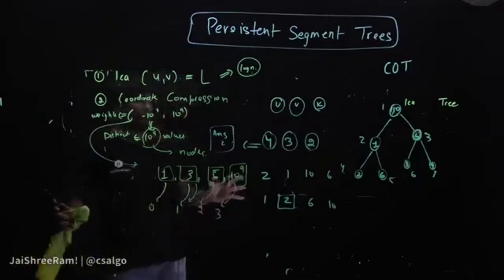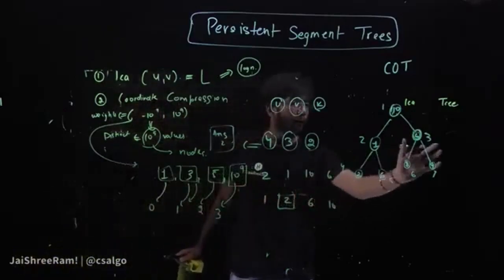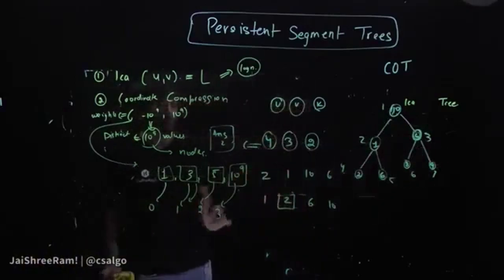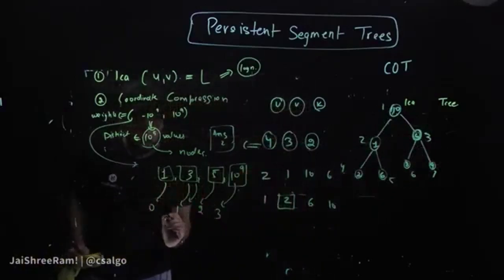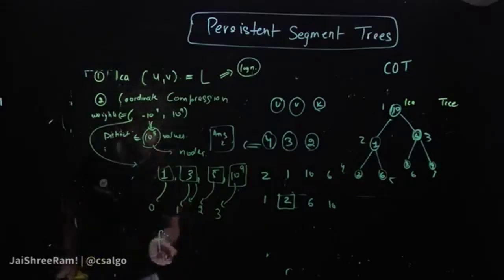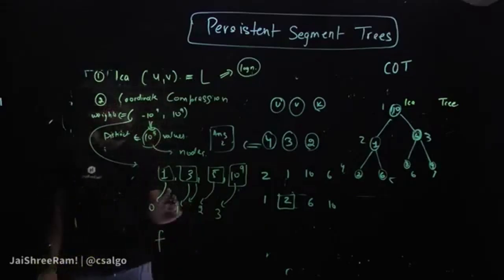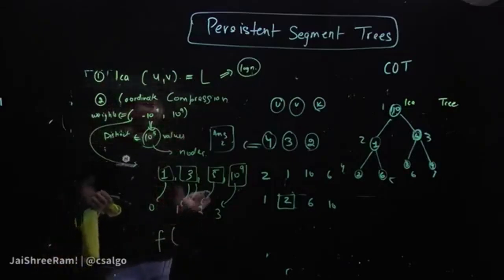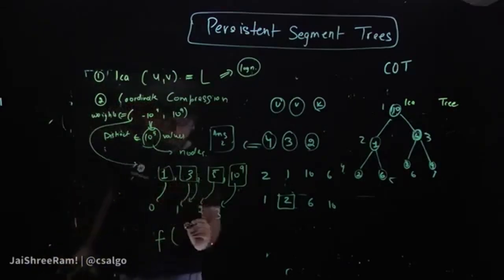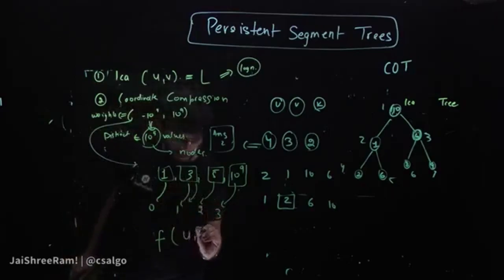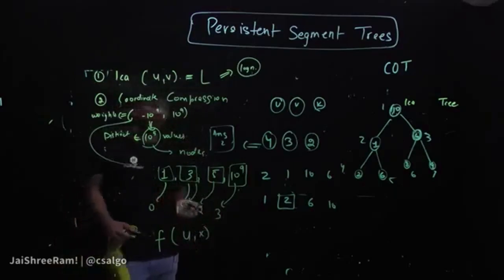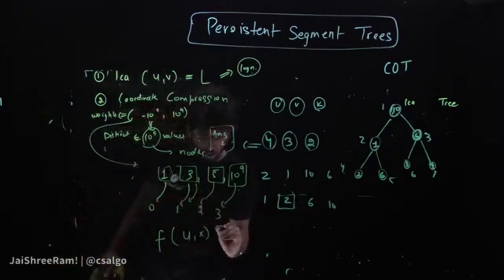So let's assume that I have all the elements from node U to node V. So I need to create some function f which gives me the number of elements that are less than or equal to x maybe.